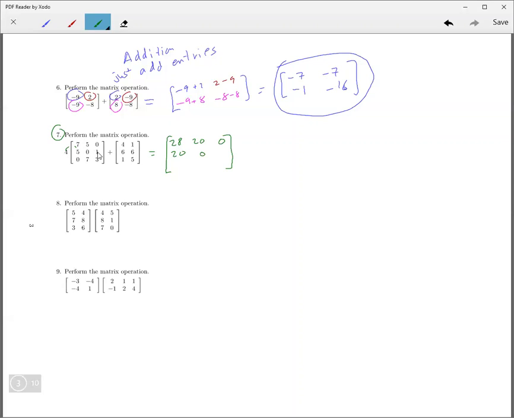I'm just multiplying everything by 4. 4 times 0 is 0, 4 times 7 is 28, and 4 times 5 is 20. Plus this other matrix. Now there's a problem right here, and that is that these matrices are different sizes. So that means that this is not possible. So just write impossible in any entry.